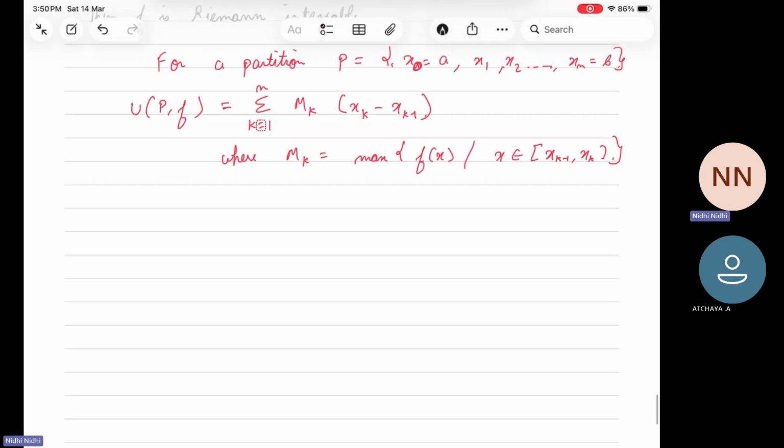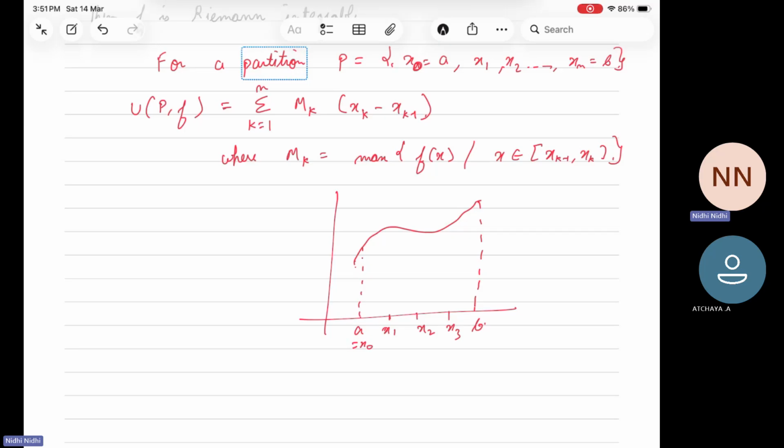If we look at it graphically, suppose this is a function defined on the interval a to b, and then we have a partition. Suppose we start with just 3 or 4 elements. So this is our x_0, x_1, x_2, x_3, and this b is equal to x_n. So what are we doing?